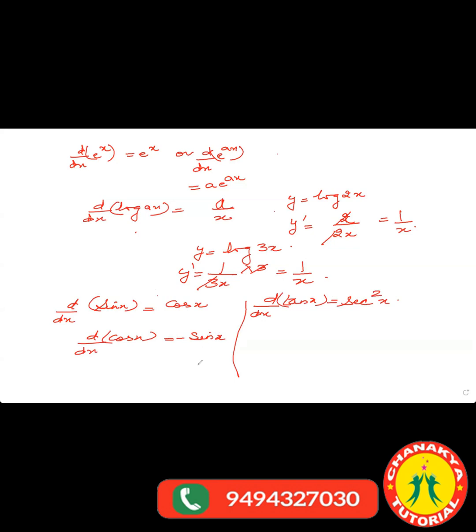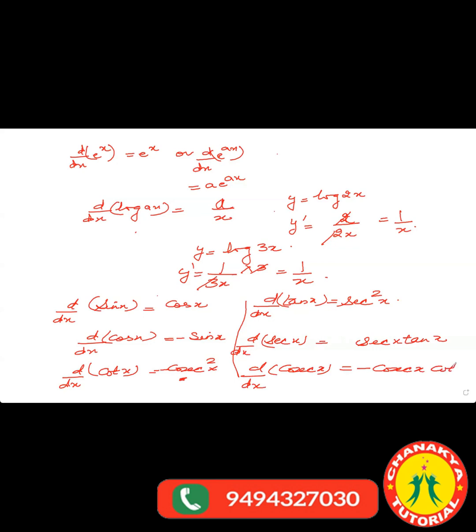Differentiation of secant x will be equal to secant x into tan x. Differentiation of cot x will be equal to minus cosecant square x. And differentiation of cosecant x is equal to minus cosecant x into cot x.